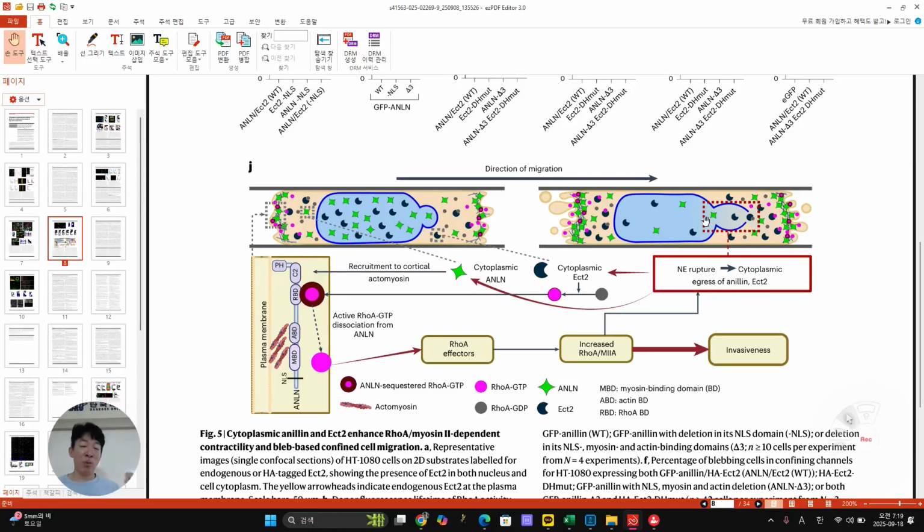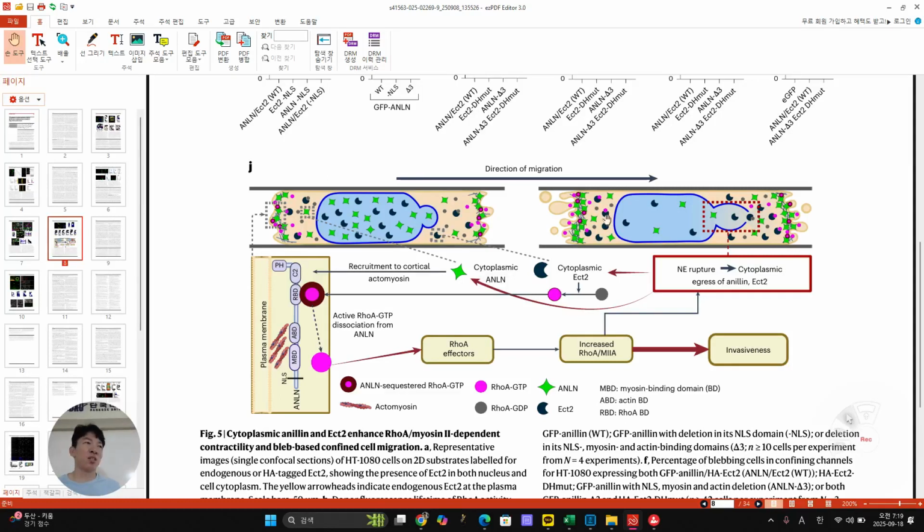But maybe when you imagine further, when some stem cell experiences this confined migration one time, twice, three times, four times, then probably this go-and-back mechanism could be damaged, right?